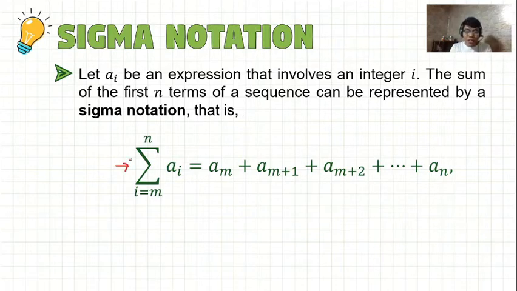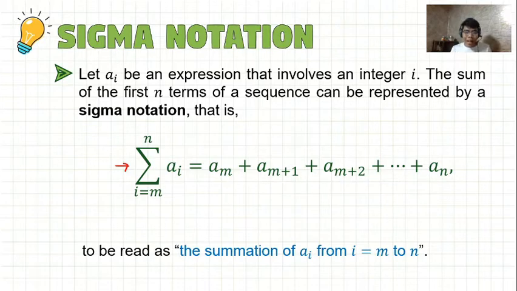We have this notation. How do we read this? It is read as the summation of a sub i from i equal to m to n is equal to a sub m plus a sub m plus 1 plus a sub m plus 2 plus until a sub n. Here, a sub i is what we call the summand or the term of the summation.